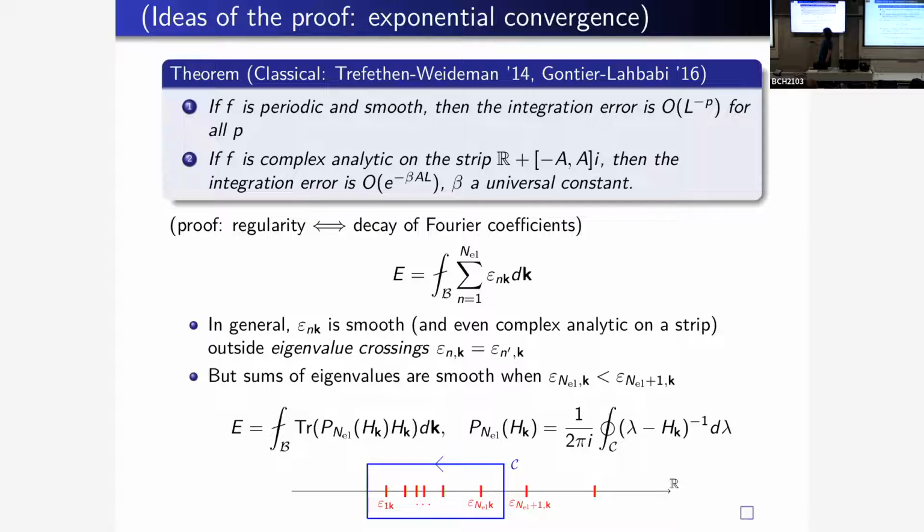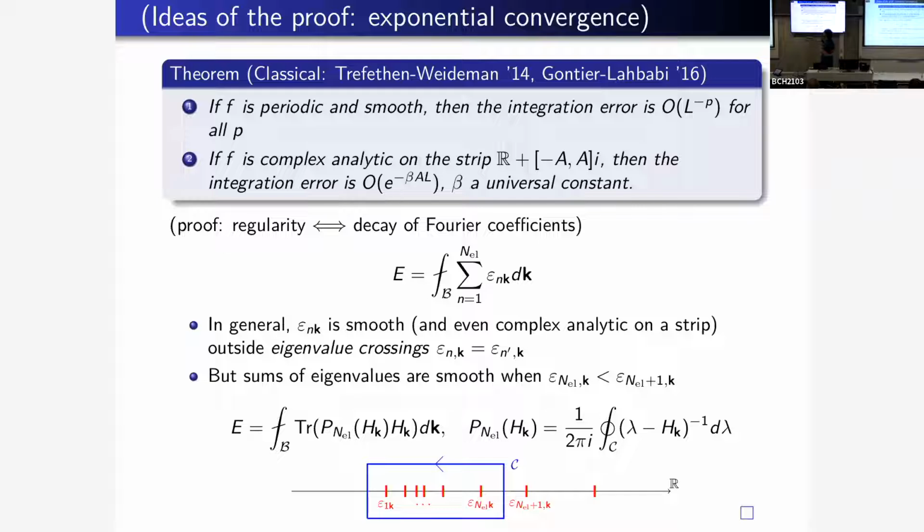So then, the question of analyzing the convergence of this integral just becomes the question: what is the decay of the Fourier coefficients of this function as a function of k? It's a smooth periodic function of k. I get the first harmonics right, and so the error I make is proportional to the magnitude of the Fourier coefficients I don't get.